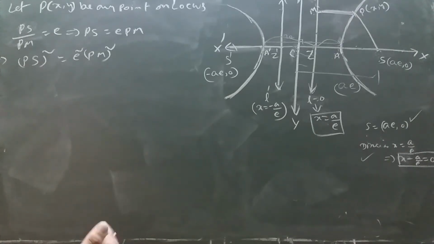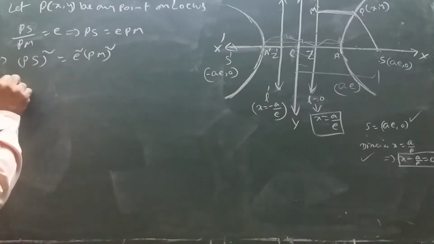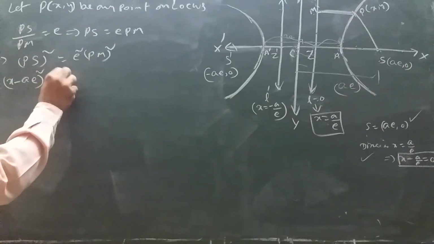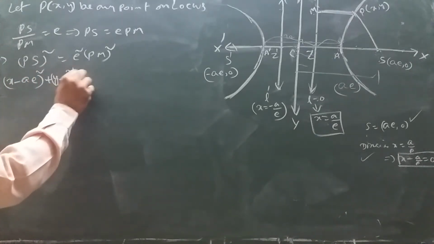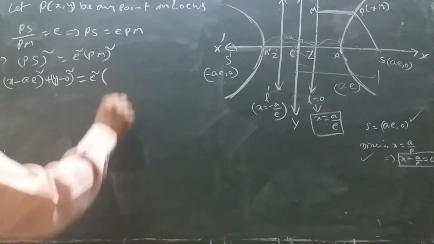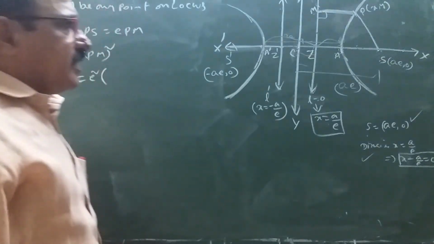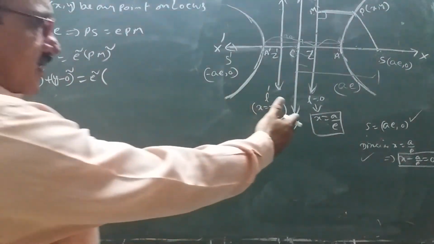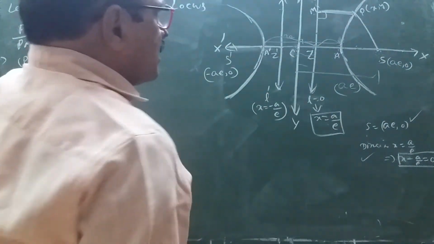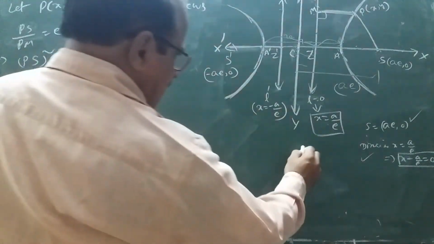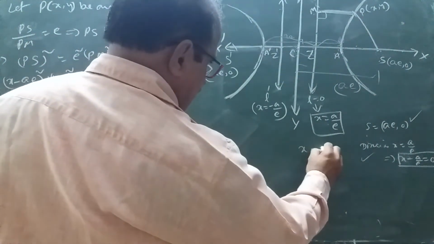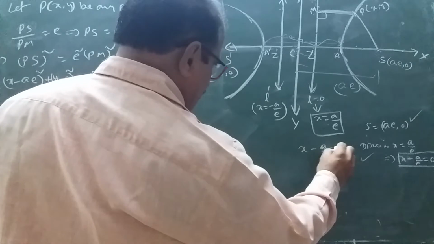So by using the distance formula, it can be written as x minus AE whole square plus y minus 0 whole square is equal to E square into PM square. That is the perpendicular distance from P to the straight line x is equal to A by E. For that, this can be taken as x minus A by E is equal to 0, the equation.